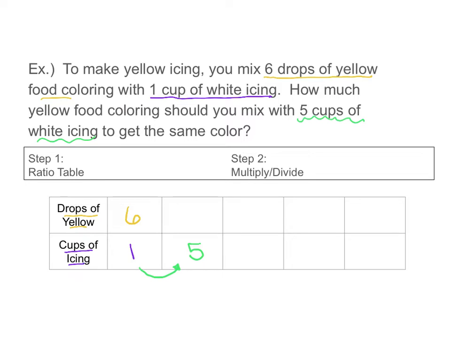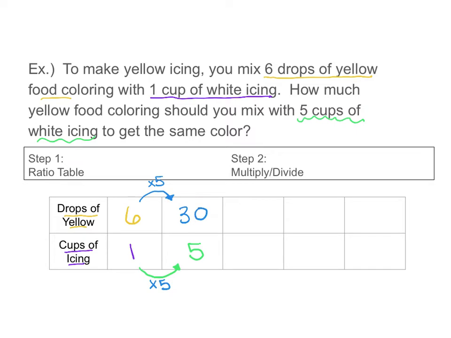Well, I have to multiply 1 times 5. So I'm going to show that I am multiplying by 5. If I multiply by 5 on the bottom, I would have to multiply by 5 on the top. So 6 times 5, that is 30.